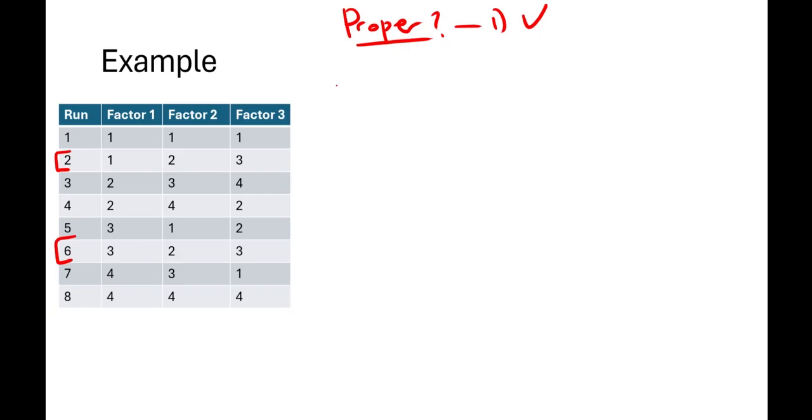If you check run 2, you have level 1 of factor 1, level 2 of factor 2, level 3 of factor 3. If you go to run 6, you have level 3 of factor 1, level 2 of factor 2, level 3 of factor 3.